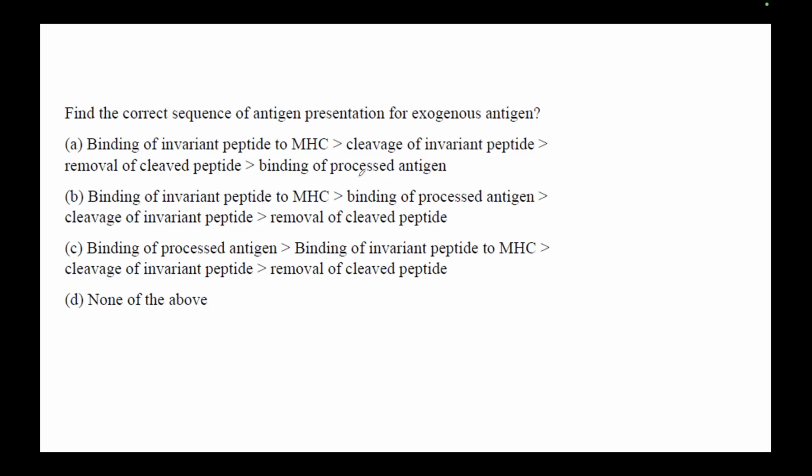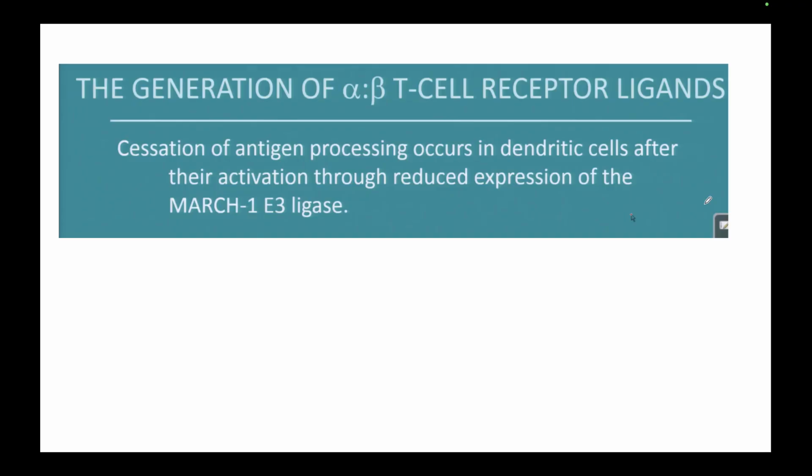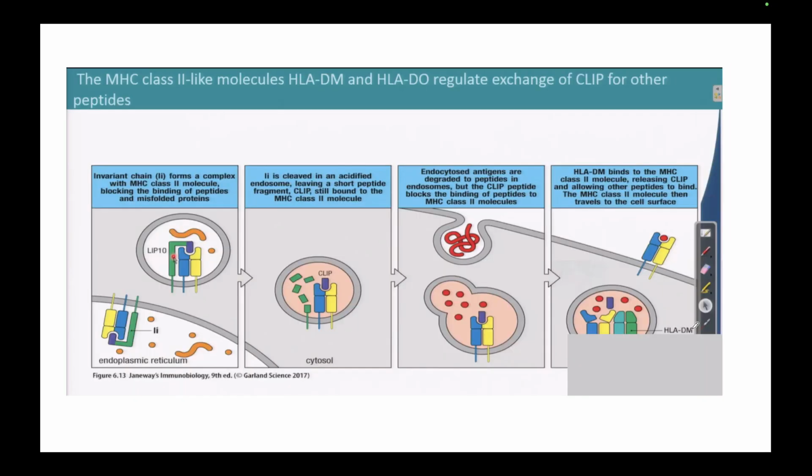So the invariant peptide is there, and it remains, so that invariant peptide doesn't allow the binding of the foreign antigen. So first the long invariant chain binds, then there is a cleavage of this invariant peptide, and then when an antigen comes, this invariant peptide is removed with the help of another protein which is called HLA-DM.